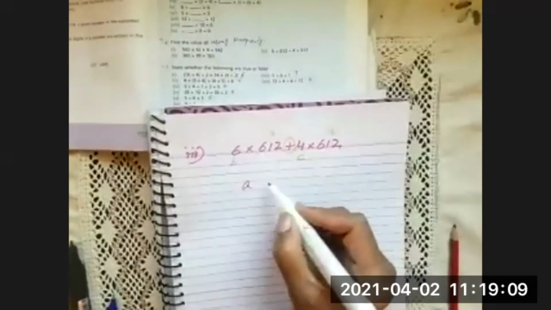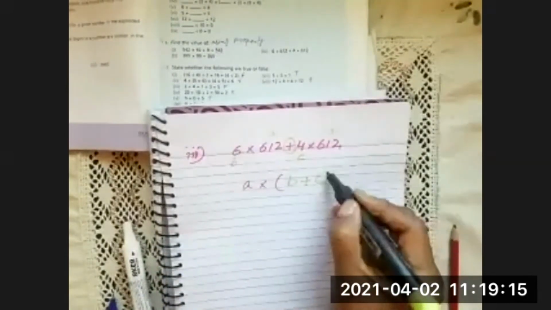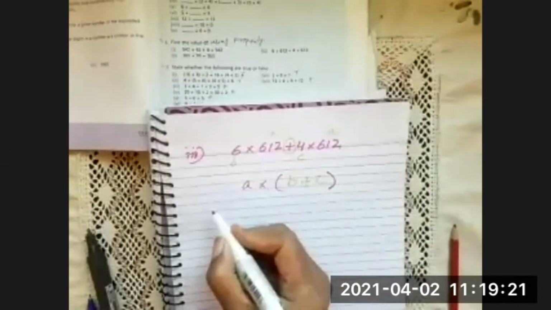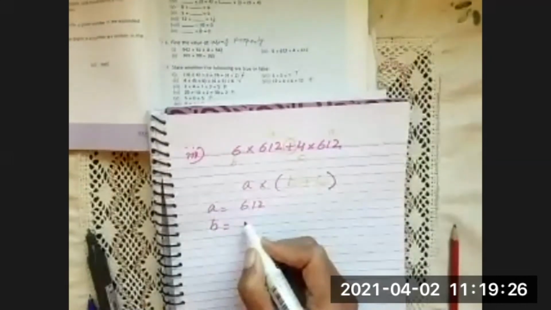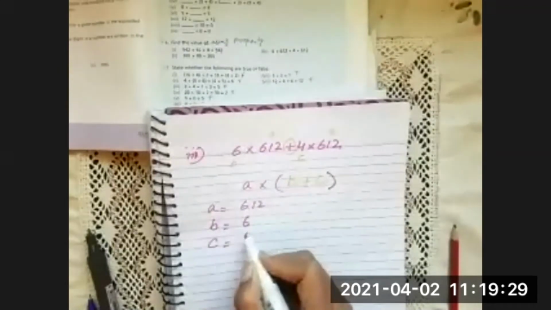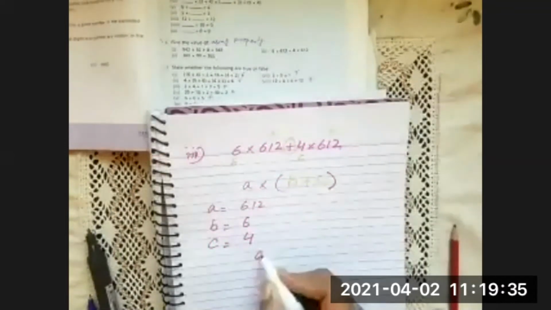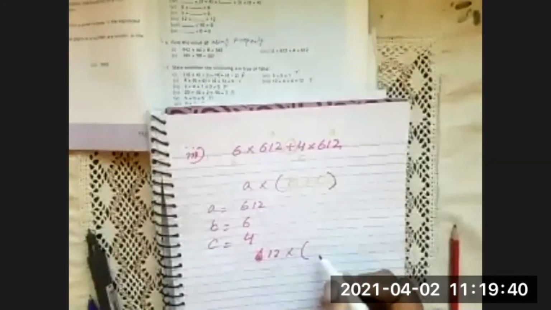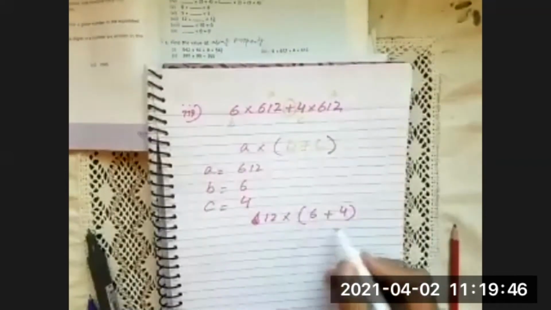So by the formula, A into B plus C. What is A? A is 612, B is 6, and C is 4. So by putting the values, 612 multiplied by B is 6 plus 4, which is 10.